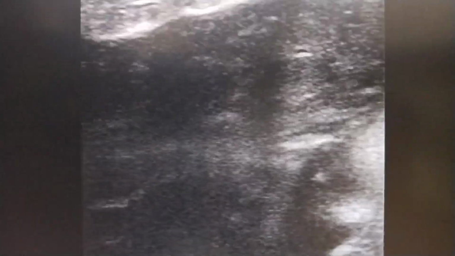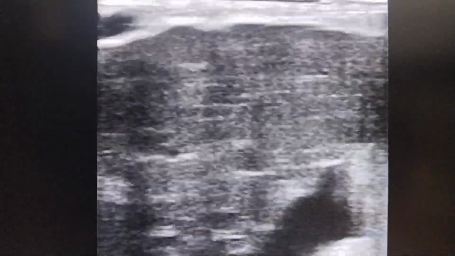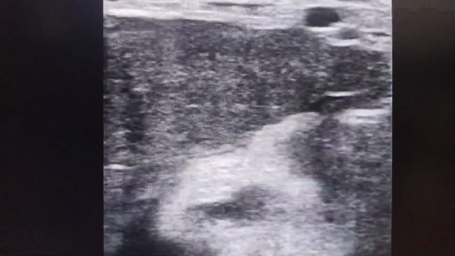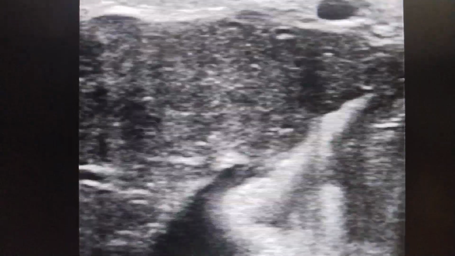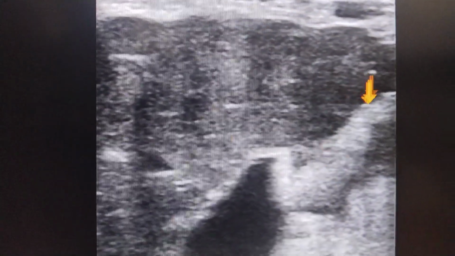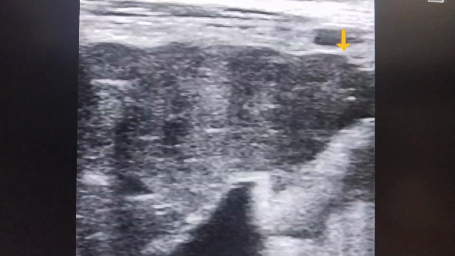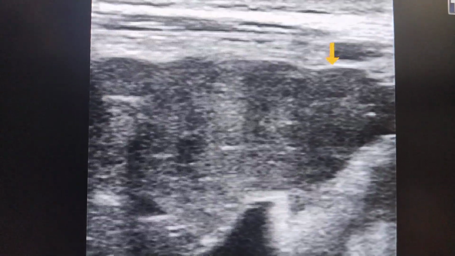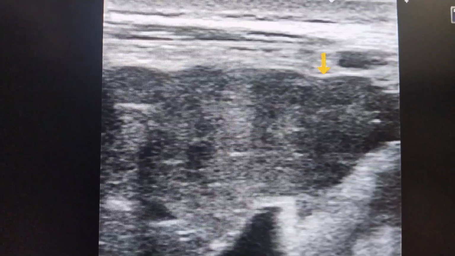And here you can appreciate the liver. This is the left lobe of the liver. Here you can appreciate the surface of the liver.